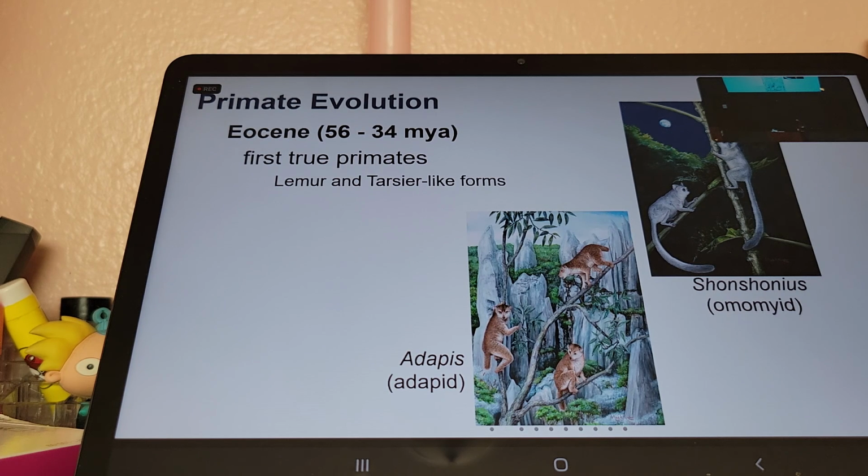And what we see among these first true primates in the Eocene are lemur- and tarsier-like forms. Lemur-like, so think about lemurs, the adapids, and the omomyids are more like tarsiers. And so we see these guys during the Eocene.